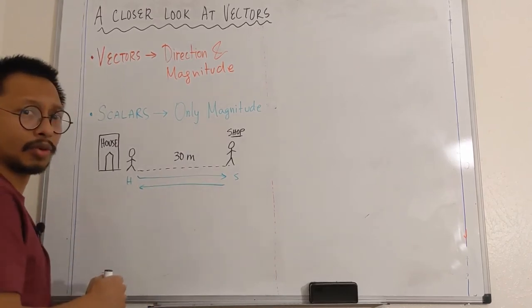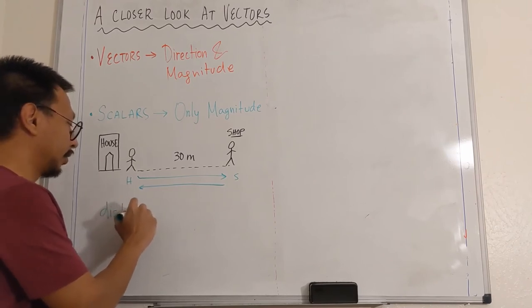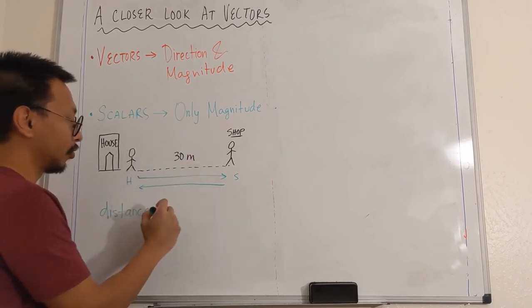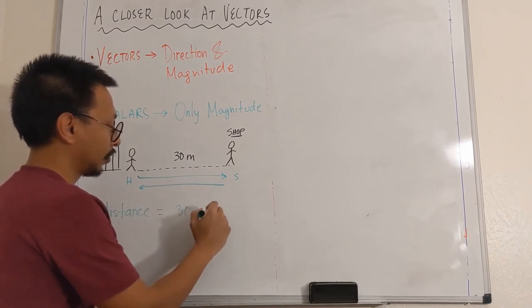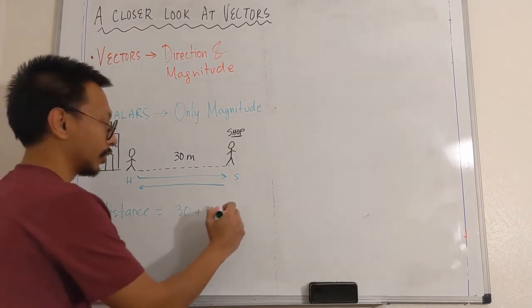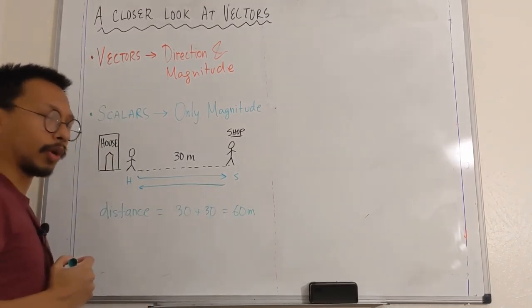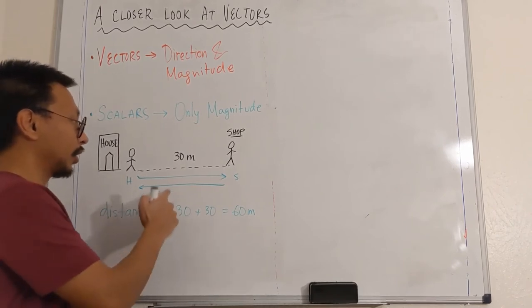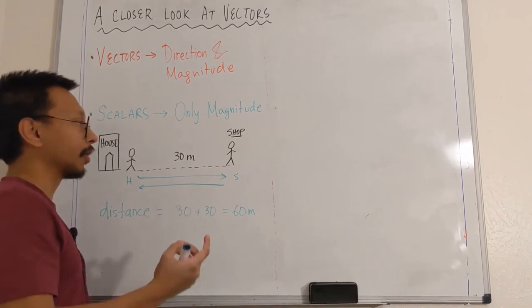So if I ask you what the distance is, the distance for this journey should be equal to 30 plus 30, which is 60 meters. Notice that scalar distance is a positive number.